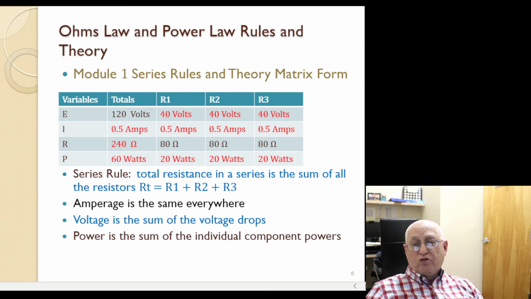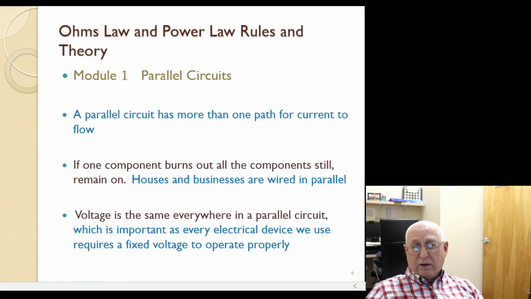These are the rules for a series circuit. You may want to make a blank page with a matrix that says E, I, R, P, and then label it with the totals, R1, R2, R3. It could be R1, R2, or R4, 5, or 6. It depends on how many components you have in the circuit you're evaluating.